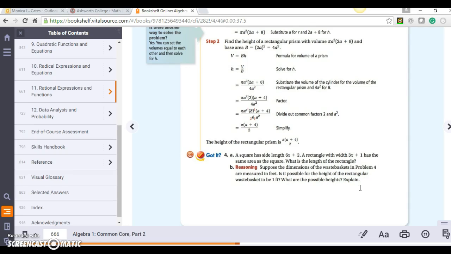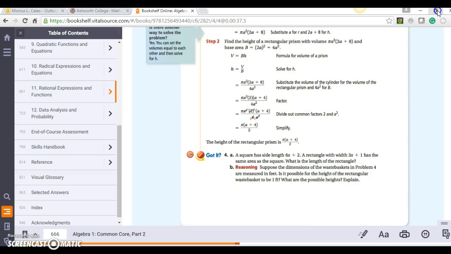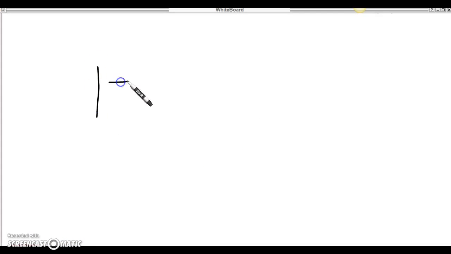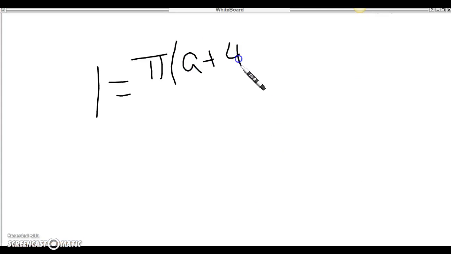Let me clear this out. So okay, if I have my height, let's say 1 is equal to pi times a plus 4 all over 2. And I want to know, can it equal 1? Let's see.